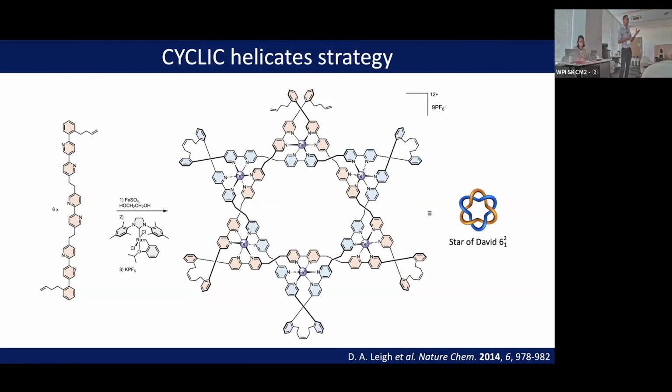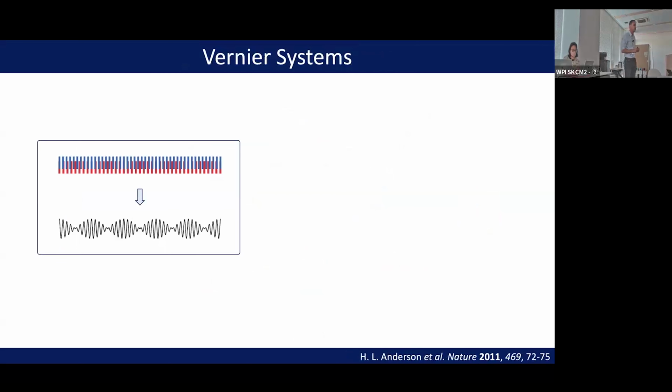So yes, it is really generalizable and it works very well. The strategy in itself is of course still limited. You cannot do any helix you want, of course, but you can combine this idea with other ideas to build all kind of more exotic topologies. And so I've selected only one example here to illustrate this, which is based on the Vernier system.